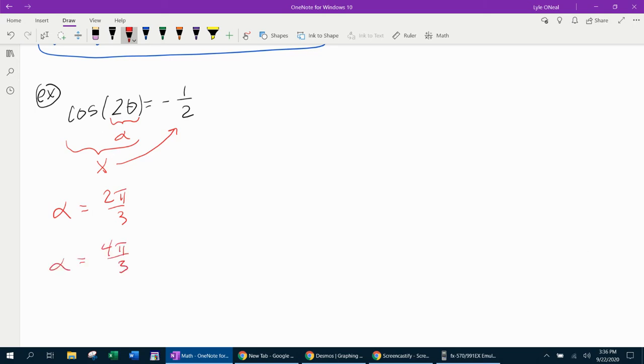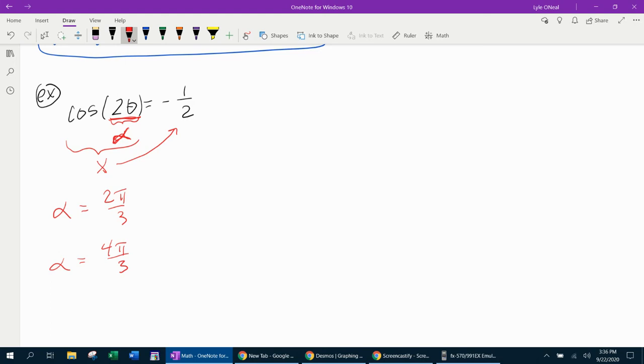Notice I'm saying alpha because that's taking this angle and reducing it down to a single variable, cosine of alpha. And then what I'm going to have to do is go back and resubstitute for alpha what it's equal to so I can solve in terms of theta. And again, they do want the general solutions first, okay?